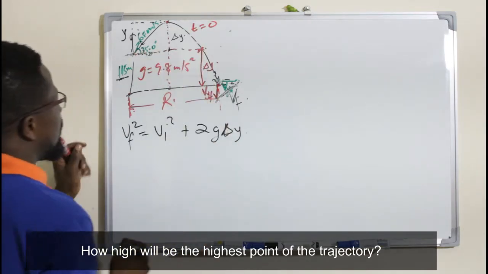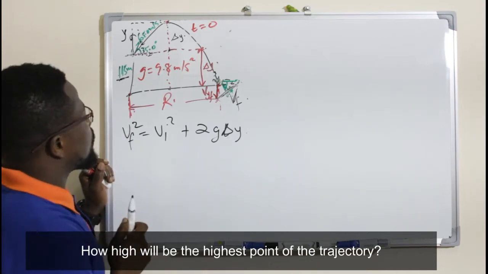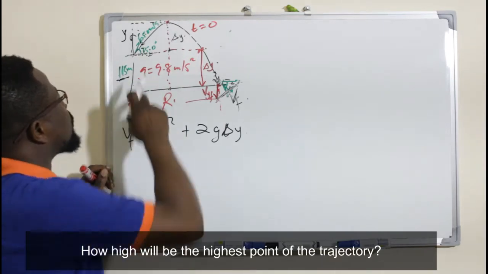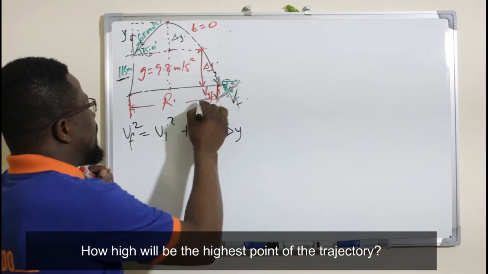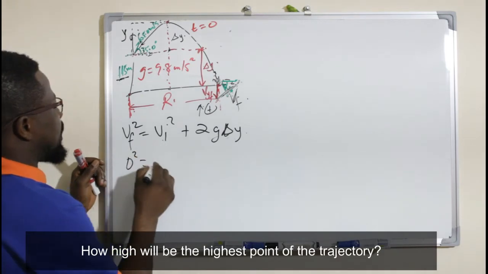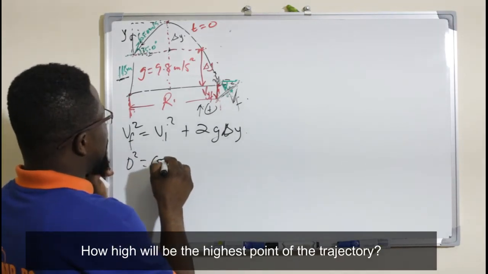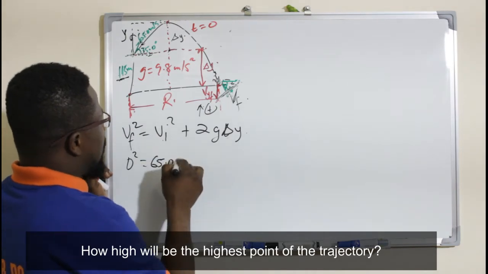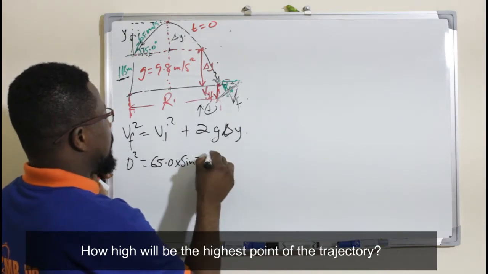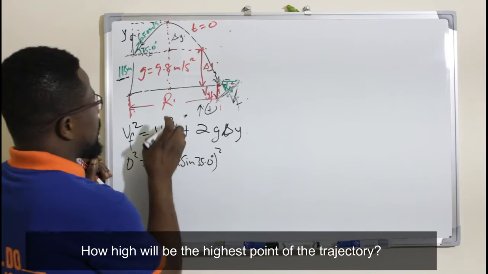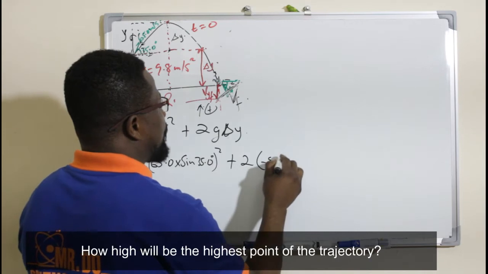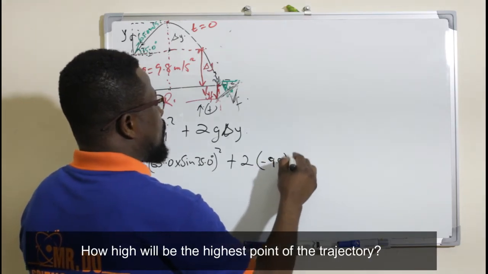I know this is 0, and you know this one. Remember, the object is going up, so we still need the vertical component of the initial velocity. I'm taking my upward motion as positive, and that means 0 squared is equal to 65.0 multiplied by sine 35.0 degrees, all squared, plus 2 multiplied by negative 9.8 multiplied by change in y.